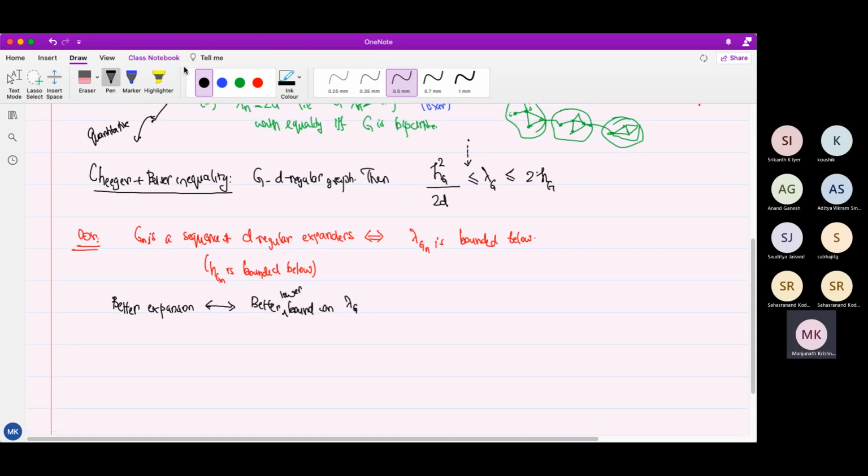But there is a limit to how far you can go. That's another very important theorem in this subject. It is due to Alon and Boppana.